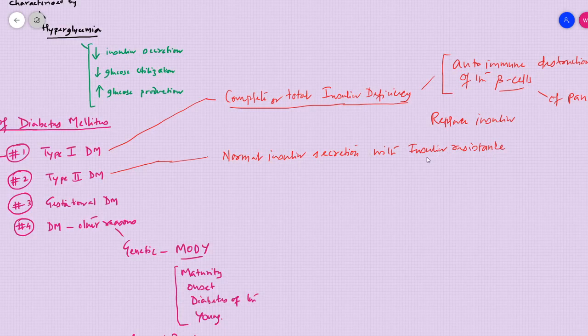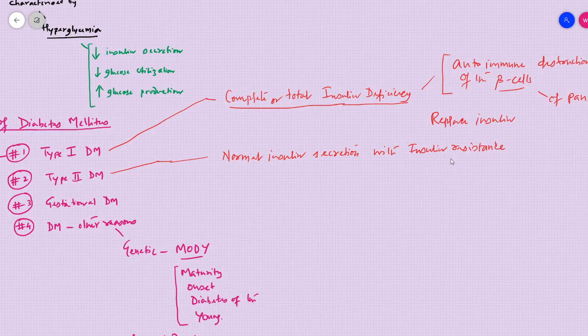The tissues that normally take in glucose, like in the periphery, the skeletal muscles or the adipose tissue, might develop a resistance to taking up glucose.